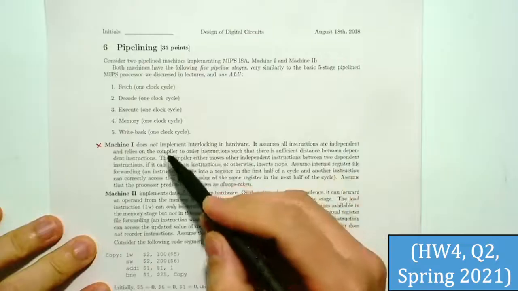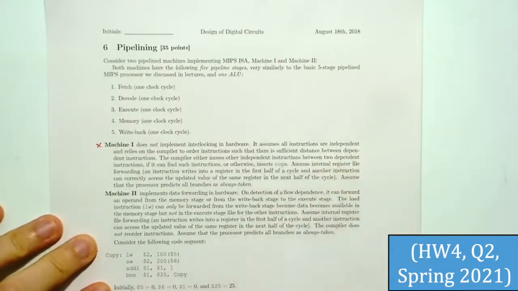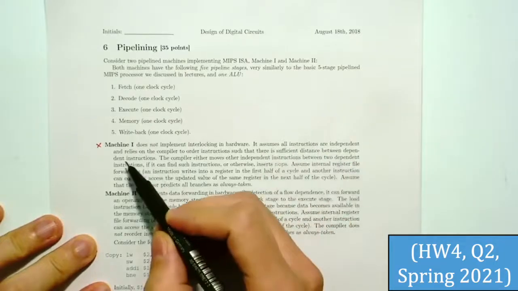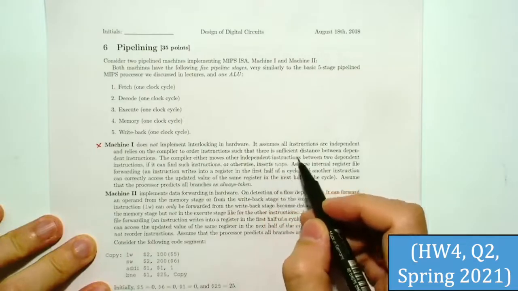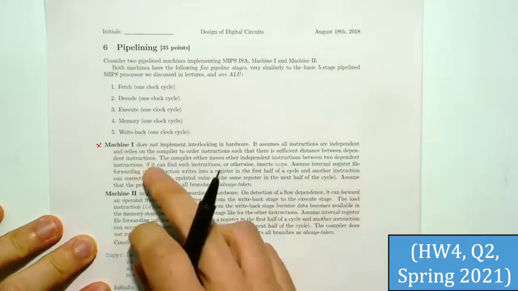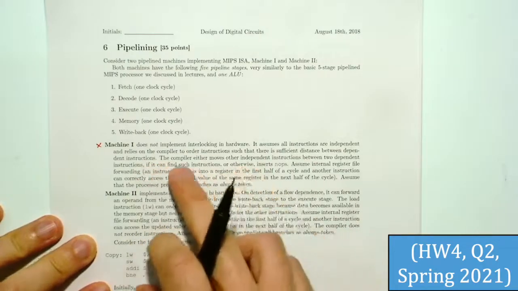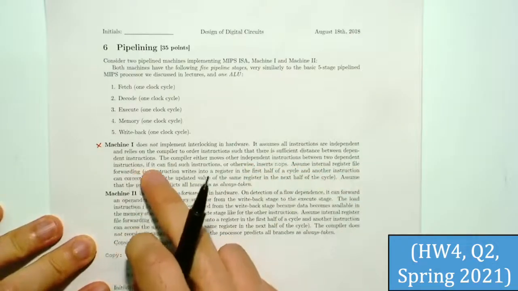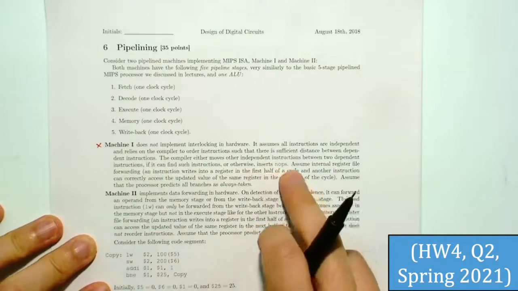So the first machine, machine 1, does not implement interlocking, so it cannot detect dependencies in hardware. It assumes all instructions are independent and relies on the compiler to order the instructions such that there is sufficient distance between dependent instructions. So it's the compiler who has to deal with the dependencies. The compiler either moves other independent instructions between 2 dependent instructions, if it can find such instructions, or otherwise inserts nops.